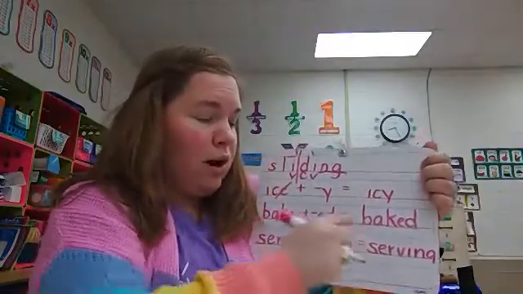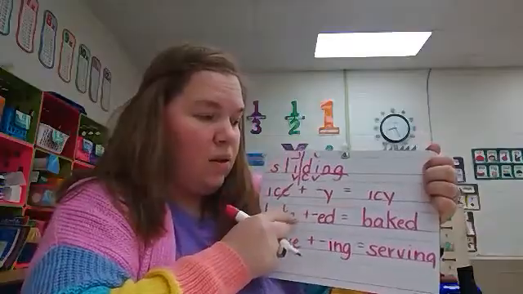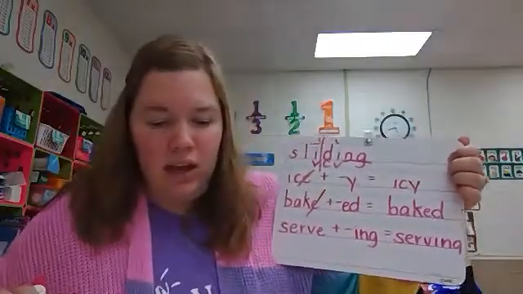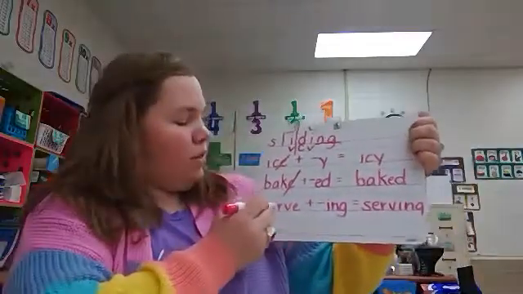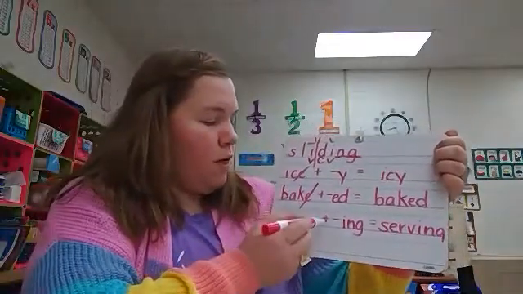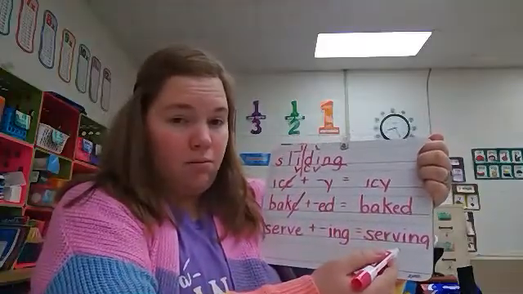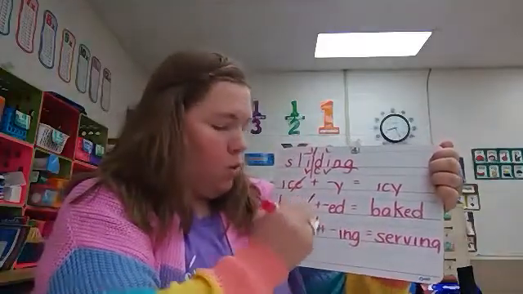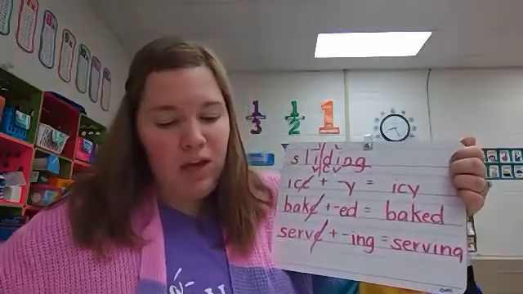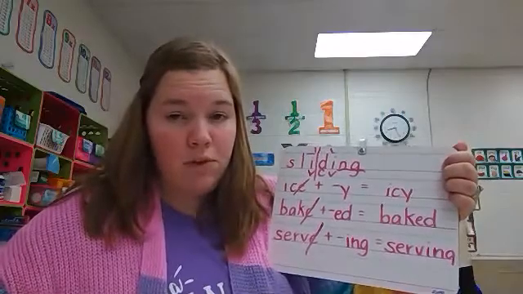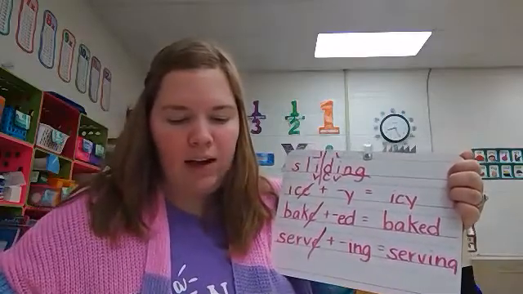Now this word, if we just added it, there would be 2 E's. We dropped an E. Let's look here. Serve plus ing. Is there an E over here? No, we drop the E. So in each of these words, the final E was dropped before the suffix was added.